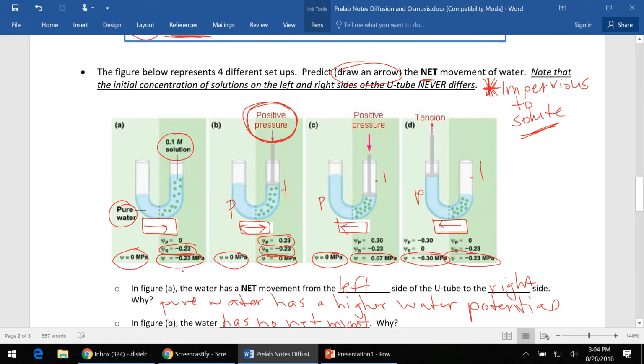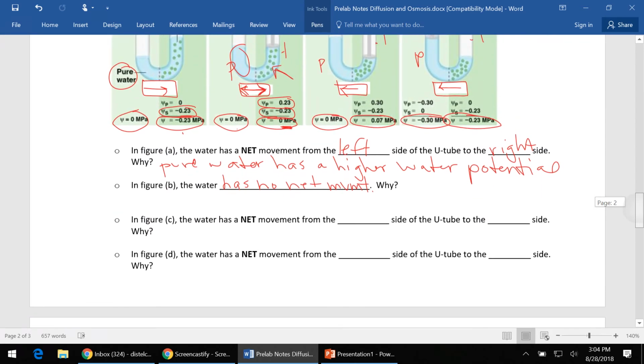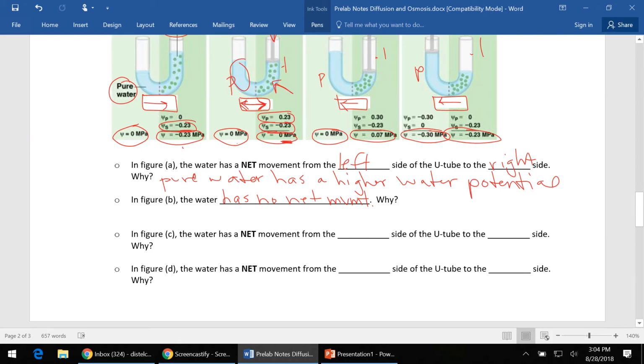So when you have positive pressure, you kind of negate the solute that's there, setting water potential equal to 0. So you actually can have a solute present. This would be hypertonic compared to this side and still have no net movement of water. So tonicity is not the full story. You have to really take into account all of the components for water potential.